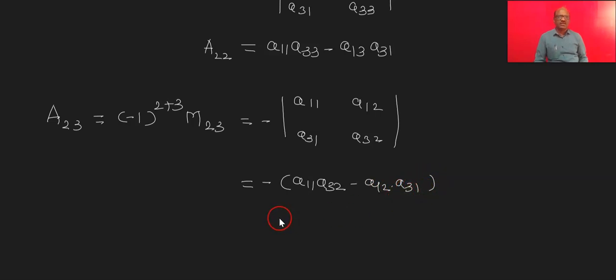Operate the negative sign, then you will get minus a11 a32 plus a12 a31, and this is the value of A23. In this way we have all the values.